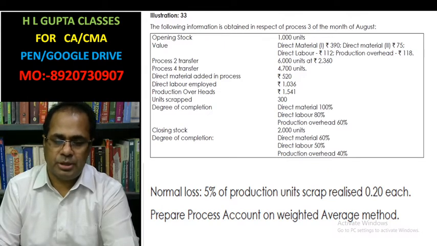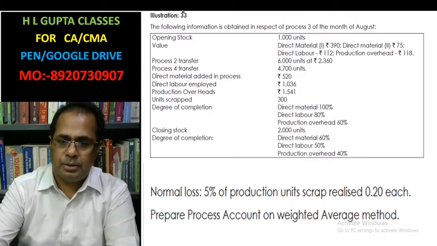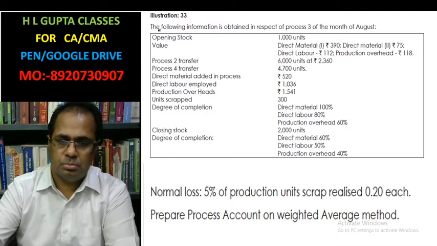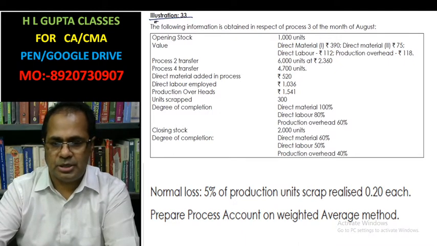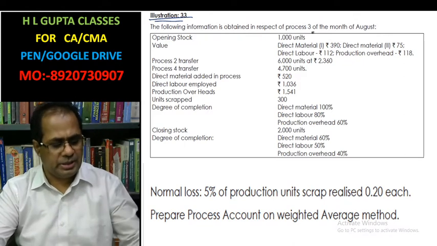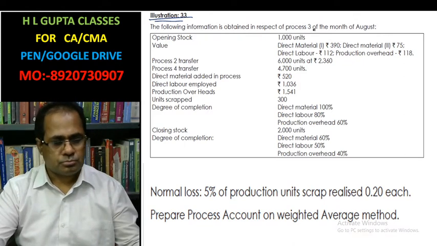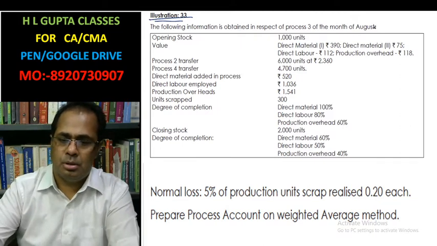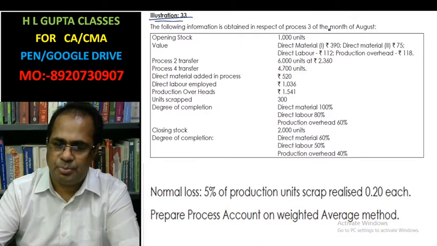Please read the question here. Illustration 33. The following information is obtained in respect of process 3 in the month.